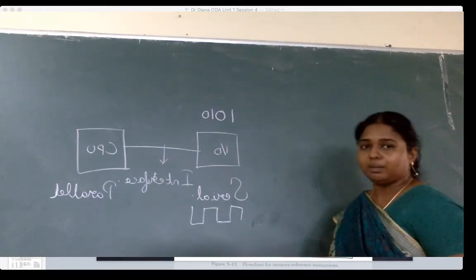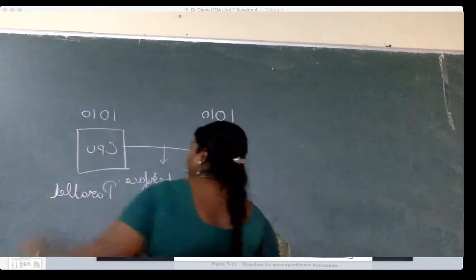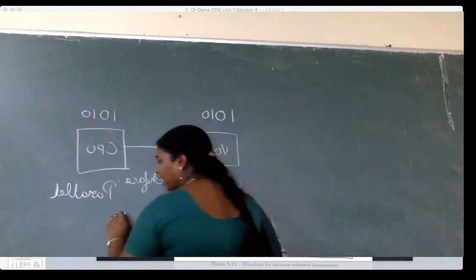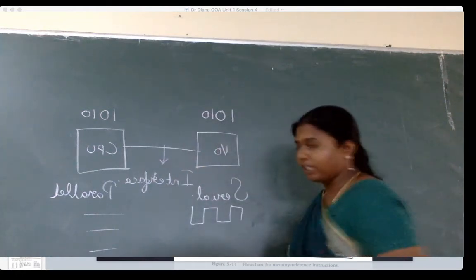In parallel communication, if I have the same value 1010, I am going to have 4 different lines through which this data is going to be sent.